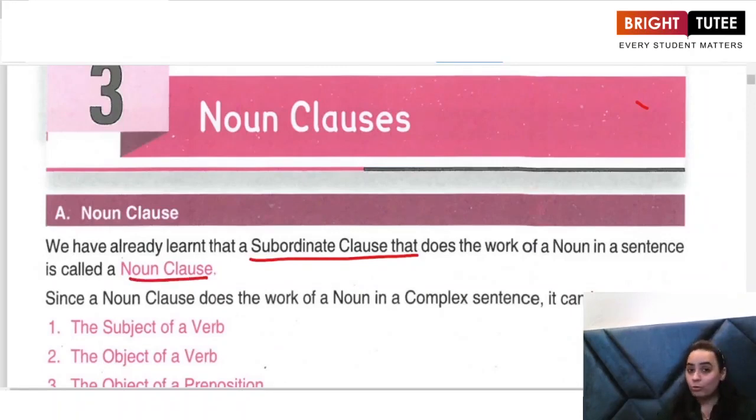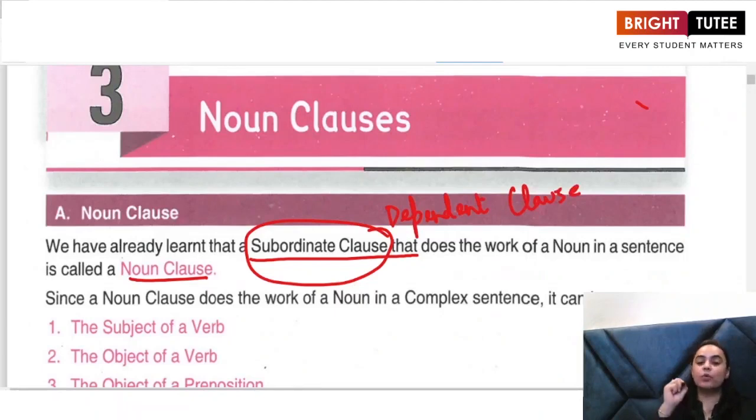So, what is a noun clause? It is a subordinate clause. Subordinate clause, we've also learned, is the other name for dependent clause. So a dependent clause or a subordinate clause which does the work of a noun in a sentence is called a noun clause.